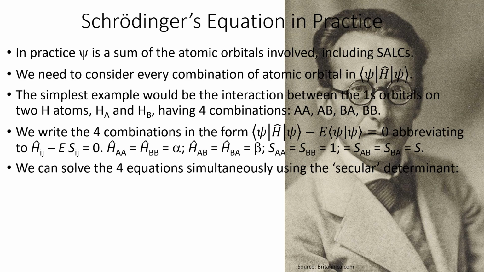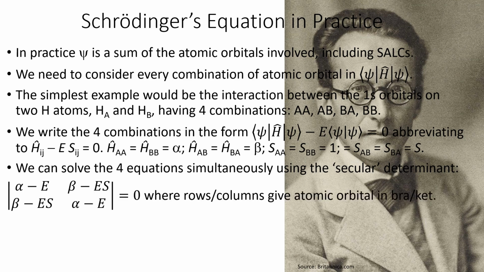And so actually what we can do is we solve these equations simultaneously, bearing in mind these different indices counting over orbitals in the bra and the ket, ultimately by creating a so-called secular determinant. So it's a square determinant which corresponds to the 4 equations we're solving simultaneously. And we can do this because we write all our equations as equal to 0. And so they'll all solve simultaneously when the secular determinant equals 0.